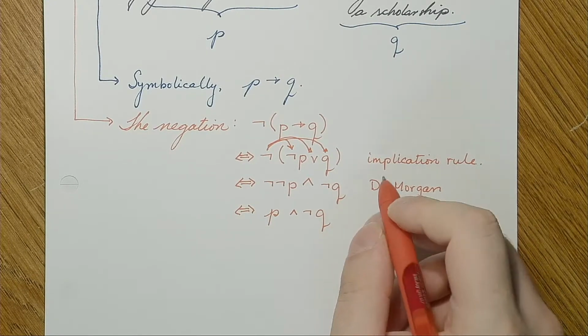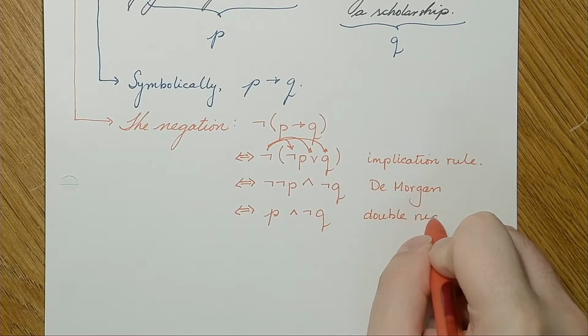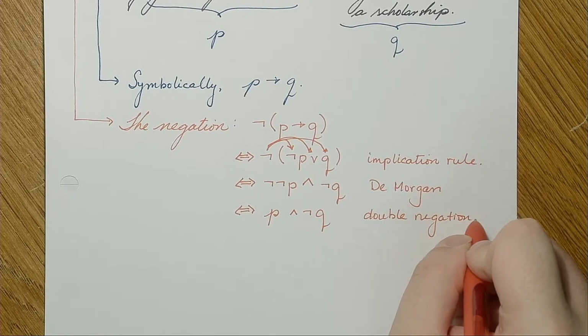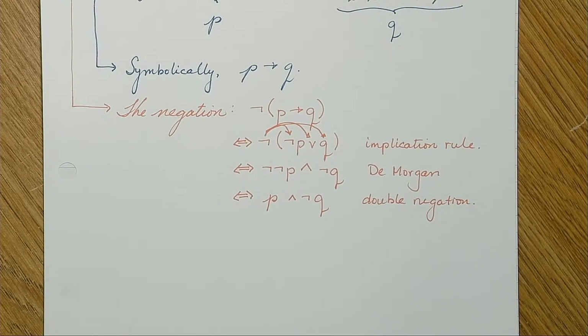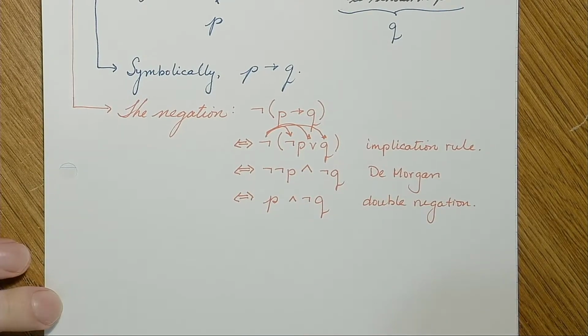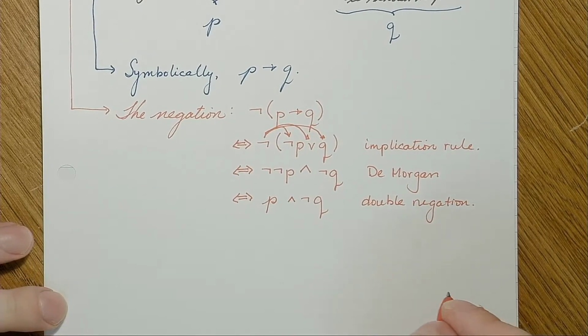So this is the double negative. So there's quite a few ways that we could, well, these are all equivalent ways of saying the same thing.